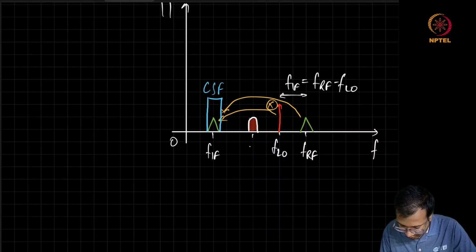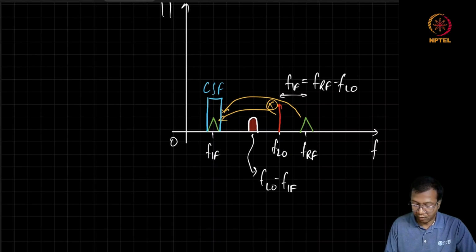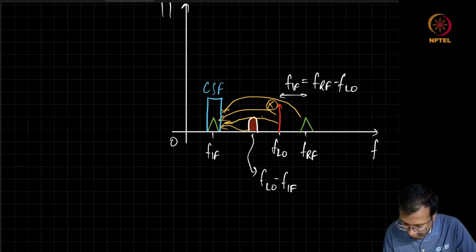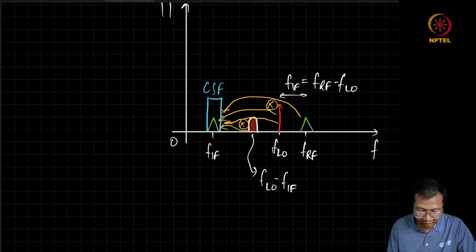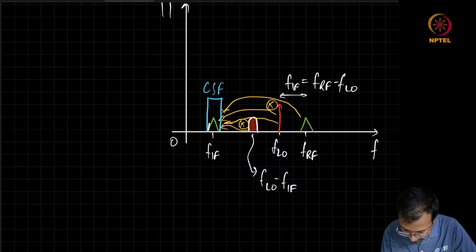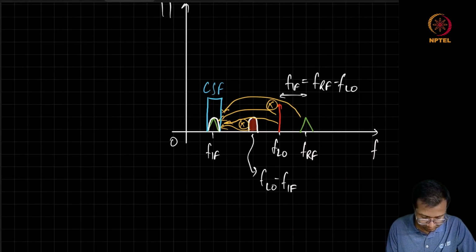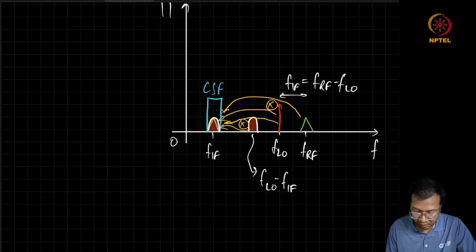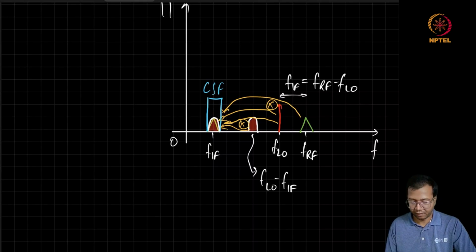So if we have some signal which is presented at this frequency FLO minus FIF, now this LO can mix with this signal at a lower frequency also, and cause it to appear at the same FIF frequency as that of what we wanted for our desired signal to appear.